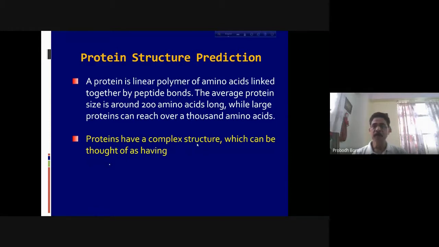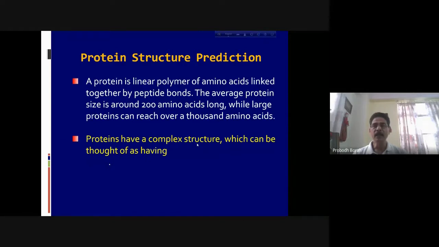As we know, we can classify proteins based on their physicochemical properties, say negatively charged, positively charged, or say even the amino acids for that matter can be divided into different classes or groups based on their properties. Say amino acids can be negatively charged or positively charged. It can be aromatic or aliphatic.